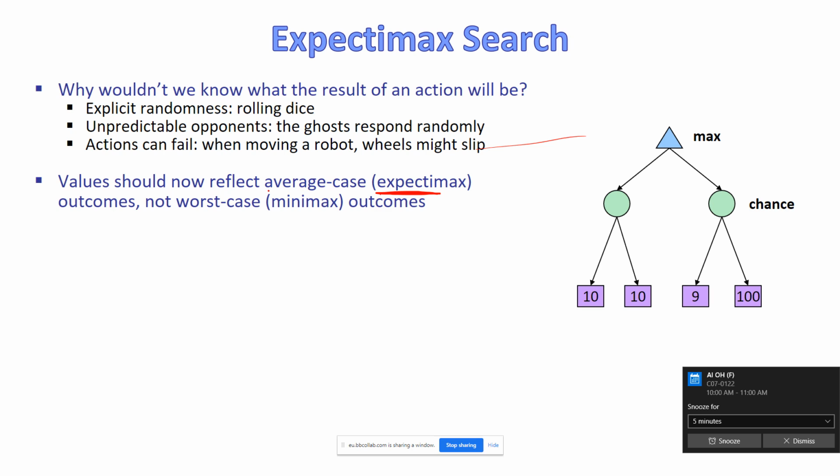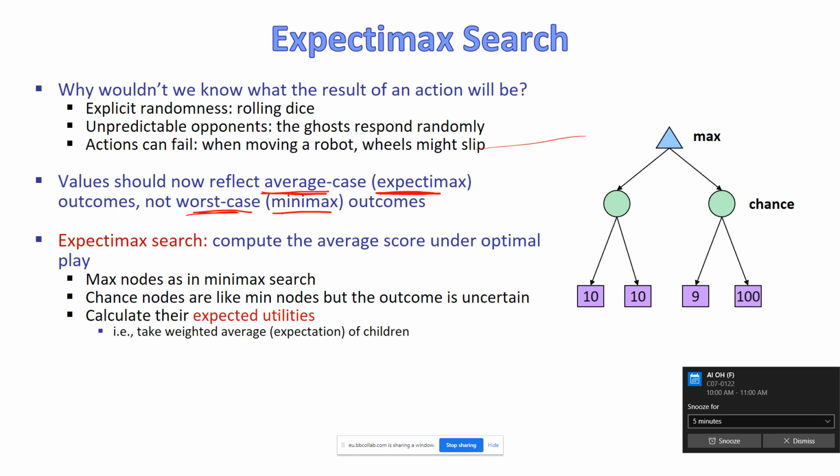Okay, so we are dealing with the average case, which means that this is the value that we will get on average. If we play the game so many times, on average, that's the value that we will get. Okay, this is different than the worst case, which is the case when we run Minimax.